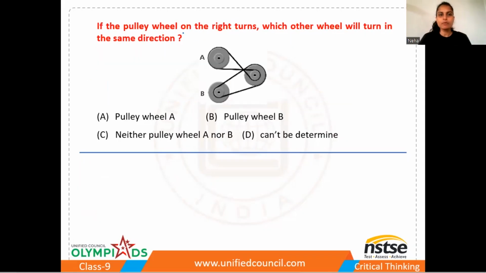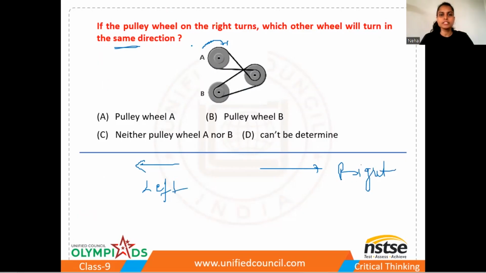So if pulley wheel turns right, which other wheel will turn in the same direction? Okay. Perfect. The question is very good. Which turns in the same direction? Let's suppose this is turning in the right direction, right? So this is basically your right direction, and this is basically your left direction, right?